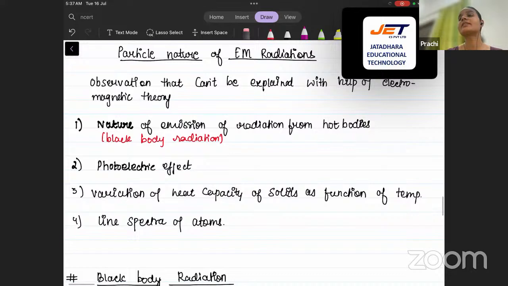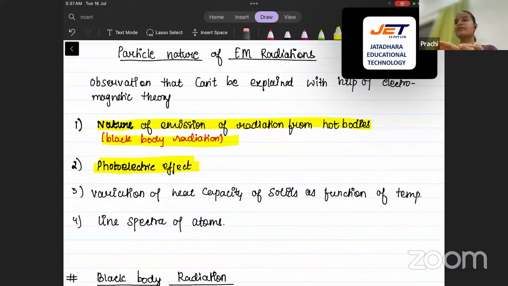The first one was the black body radiation. One by one, of course, we will learn in detail what black body radiation is. They were not able to explain the nature of emission of radiation from hot bodies, which is black body radiation.